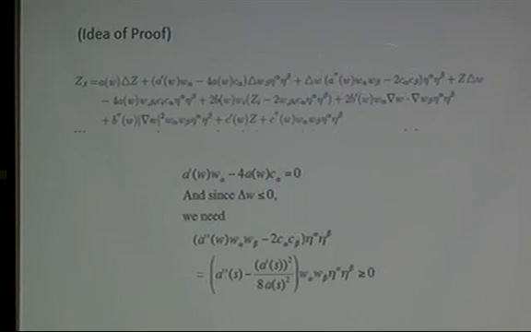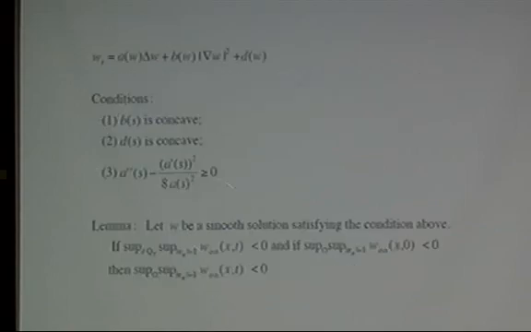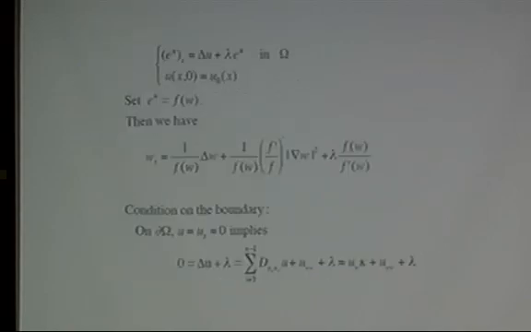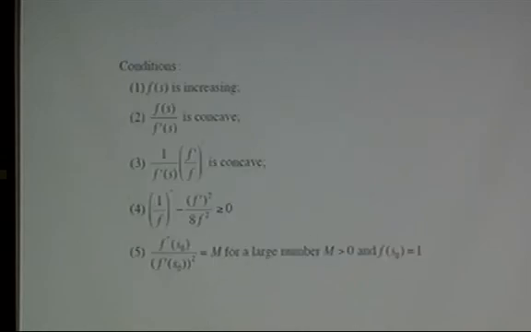Then all of these things will be negative, so it will be a good term. Such a requirement will give me this condition. Now I have my parabolic flow, and I plug in e to the u. I plug f of w in e to the u and derive the equation, and then match the structure condition. Then I end up with a couple of conditions here.